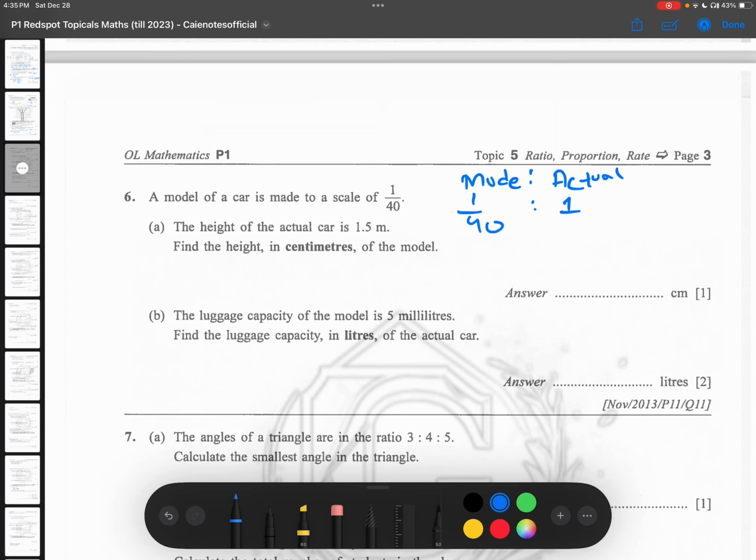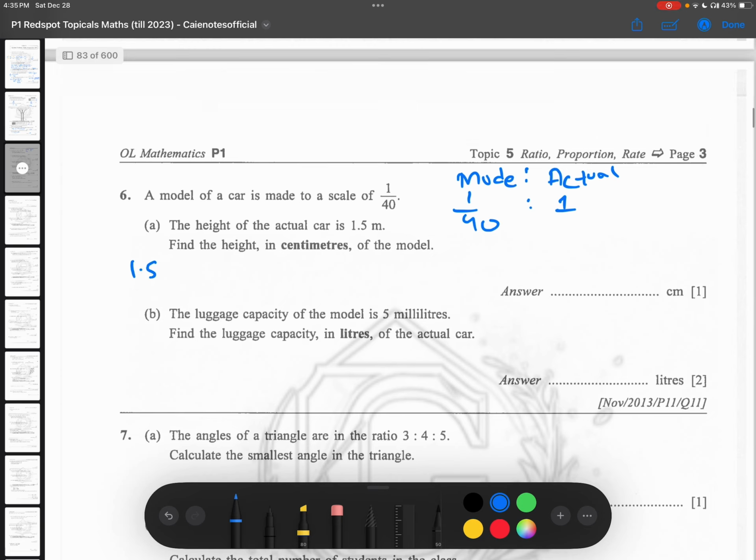So we will have to divide 1.5 by 40 in order to get the height of the model. Because the scale shows 1 upon 40, the actual height is being divided by 40. It is 40 times less than the actual in the model. First, we need our answer in centimeters. So first I convert this 1.5 meters into centimeters, 150 centimeters.